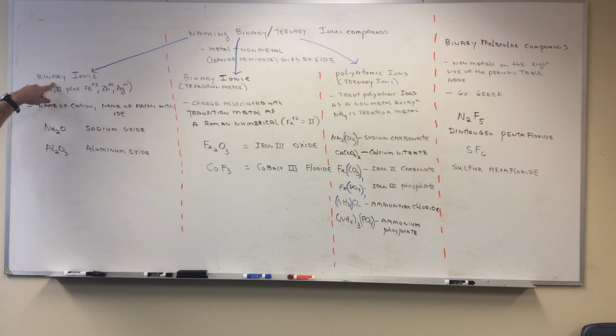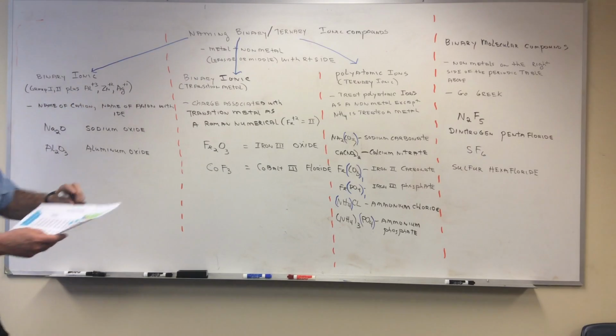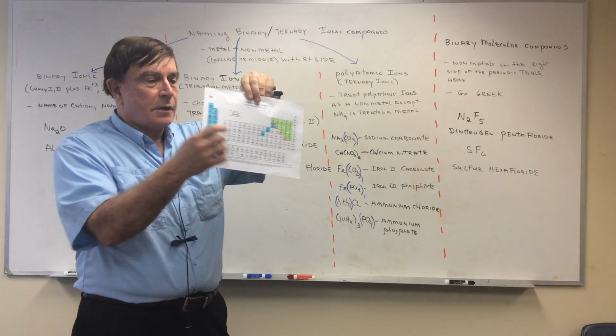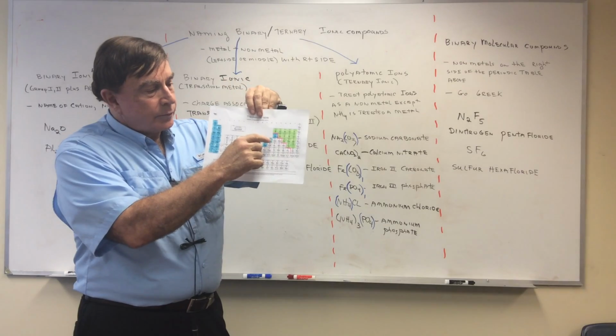We have 3 categories. Binary ionic, in which it's a group 1 or group 2 metal, or aluminum, zinc, and silver. What does that mean? All the blue is group 1, group 2, and aluminum, zinc, silver.